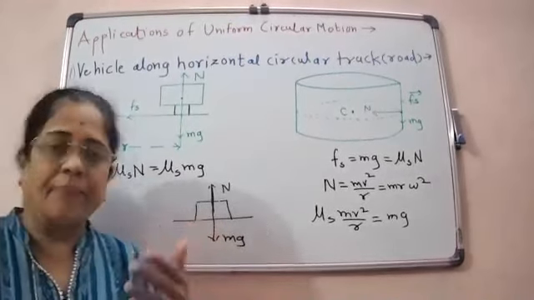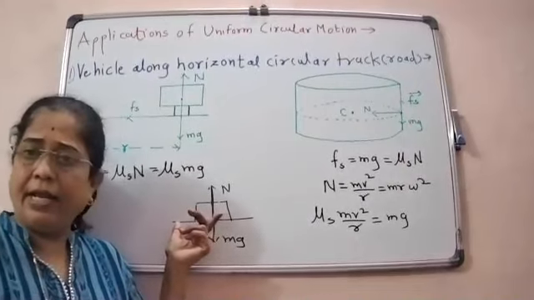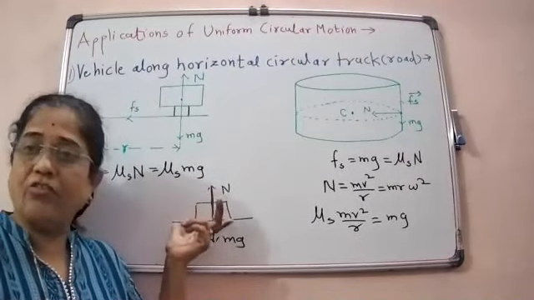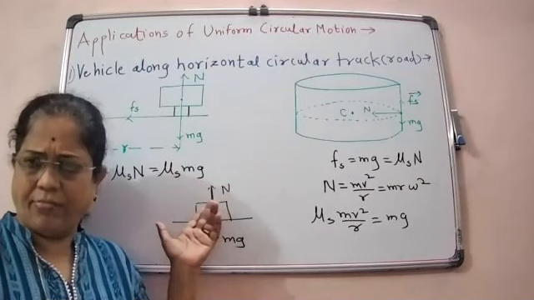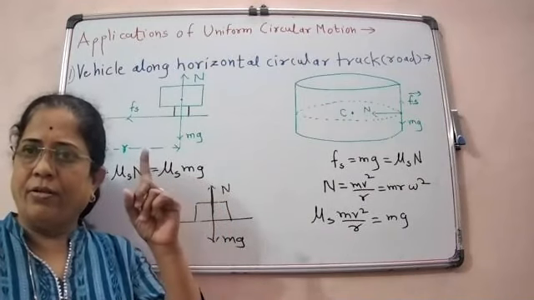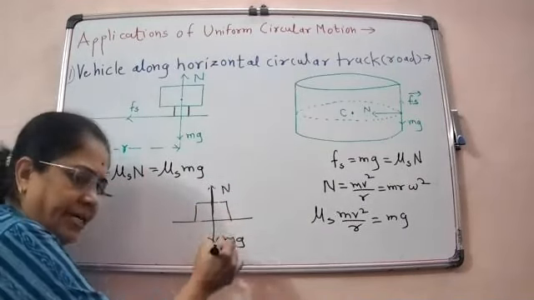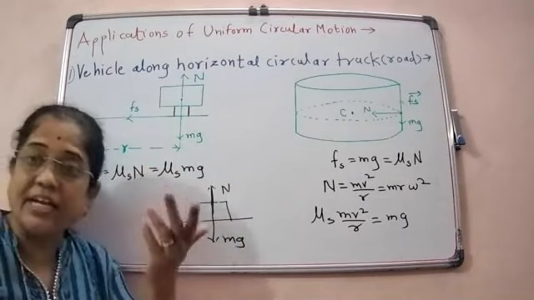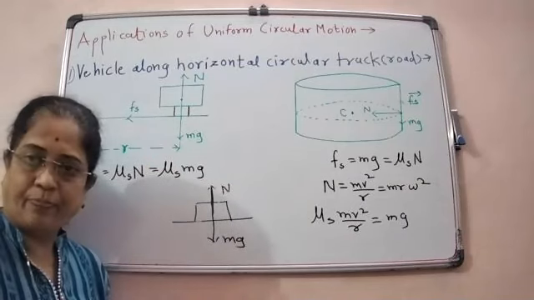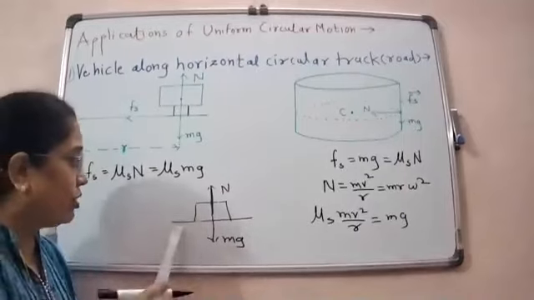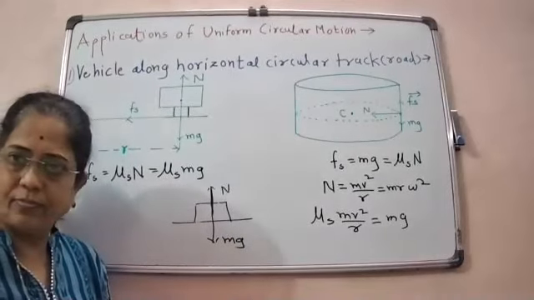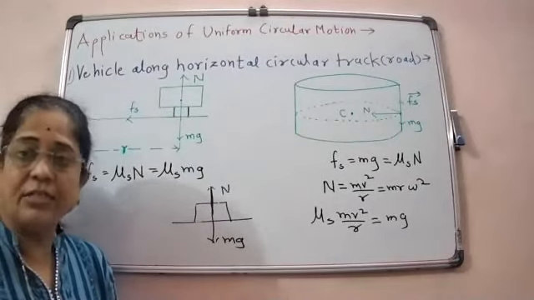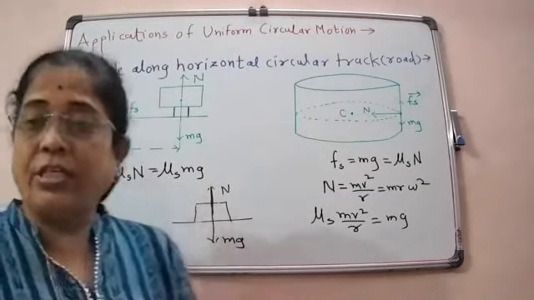Again, any body is there on the table. The first force is its weight acting vertically downward, and the second force is normal reaction, which is perpendicular to the surface of the table.